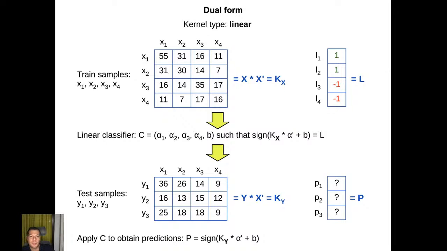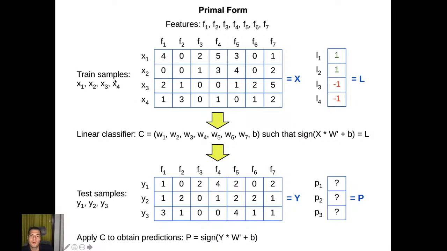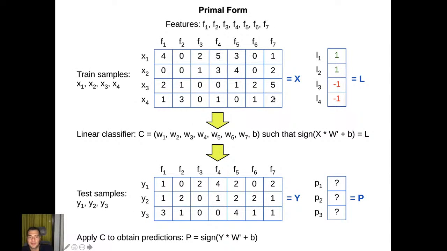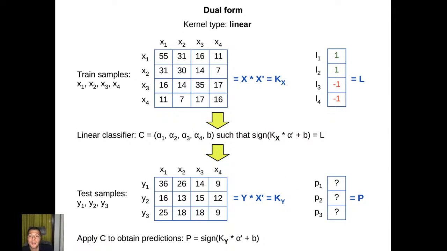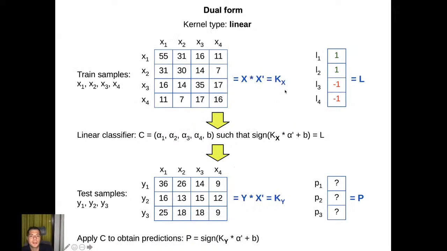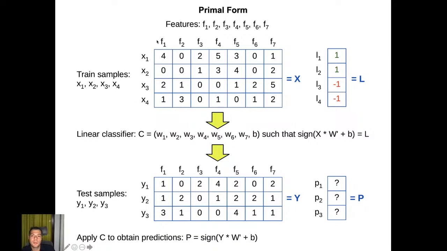Right now it's not directly obvious, because we started from this matrix X and then we use the scalar product to compute the kernel matrix, and this takes more computation, and we also have to represent the data like this. But what you can do in practice is compute this kernel matrix directly without building the entire matrix X. So it can be more efficient if, for example, we have more features than data samples.